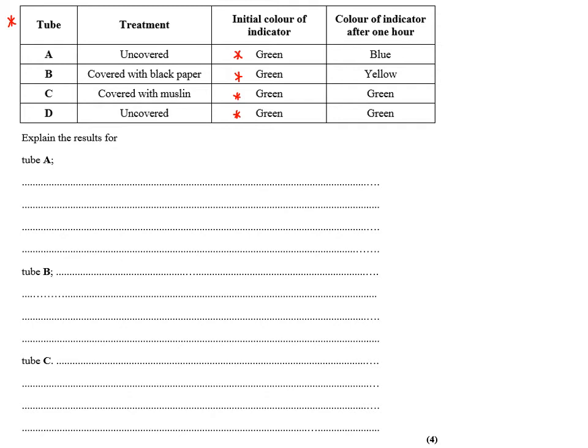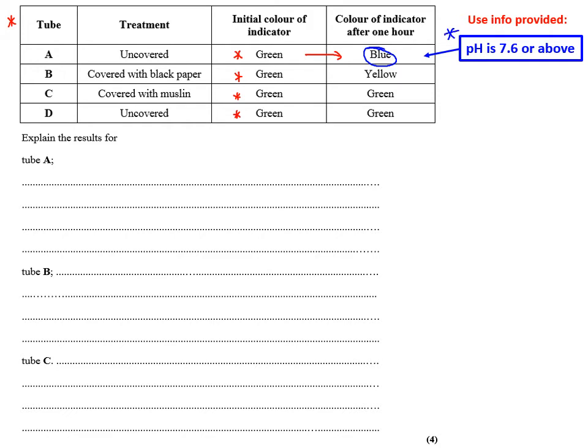After 1 hour in tube A, where the aquatic plant was subjected to all colours of light from the visible spectrum, the indicator turns a blue colour. It's important here to add in the detail from the text we were just given. So we could write down next to this table that pH 7.6 or above will give us a blue colour, because we know that from the information we've just been given.